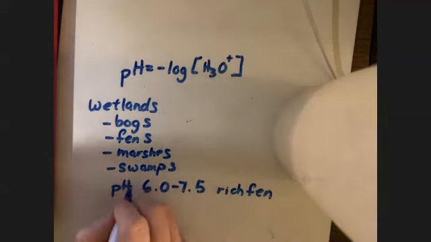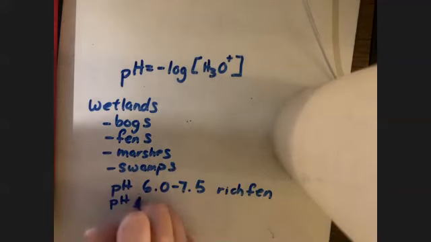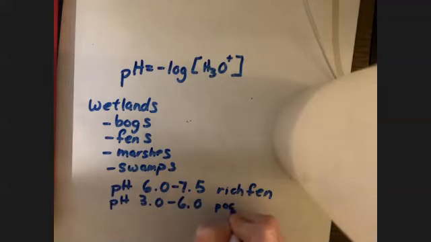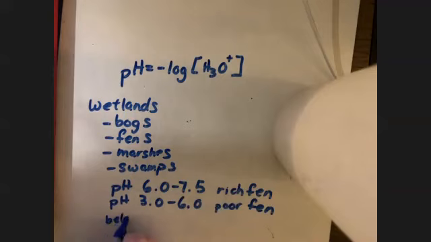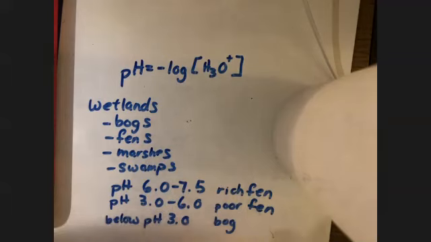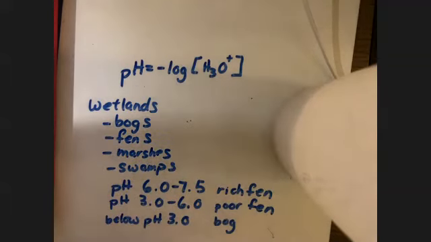If we have a pH between 3.0 and 6.0, then it's called a poor fen. And if it's below a pH of 3, then it's called a bog, which means our marshes and our swamps must be higher than 7.5. I'm sure they have classifications and ranges for all of those.